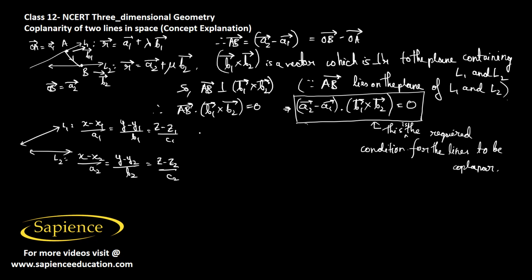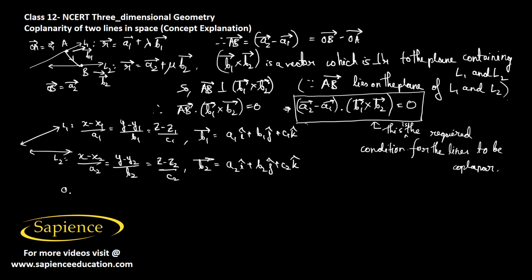Then b1 vector, which is parallel to the line L1, will be a1 i cap plus b1 j cap plus c1 k cap, and b2 vector, which is parallel to the line L2, will be a2 i cap plus b2 j cap plus c2 k cap.